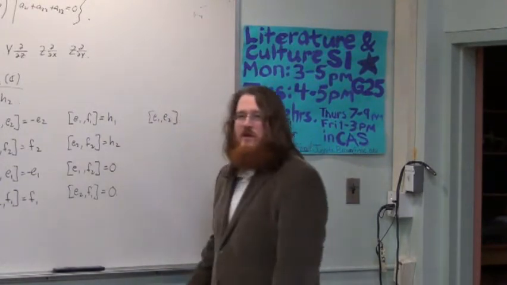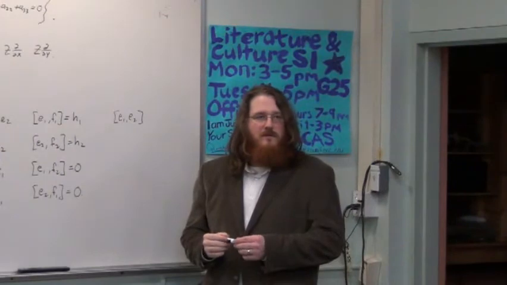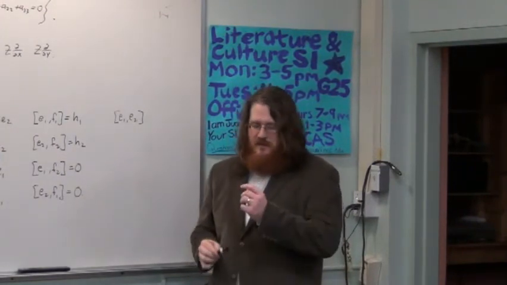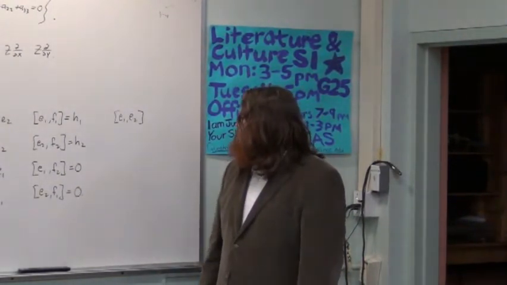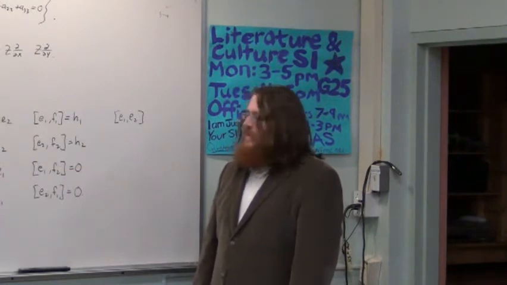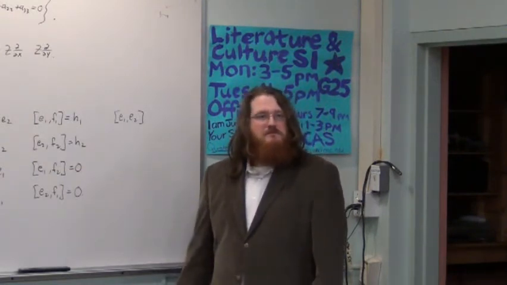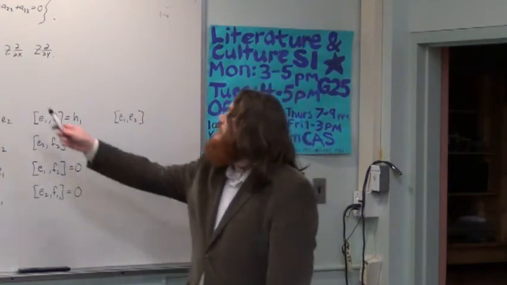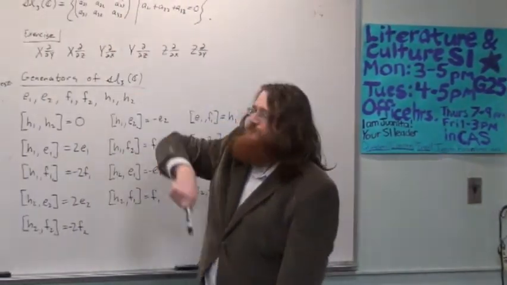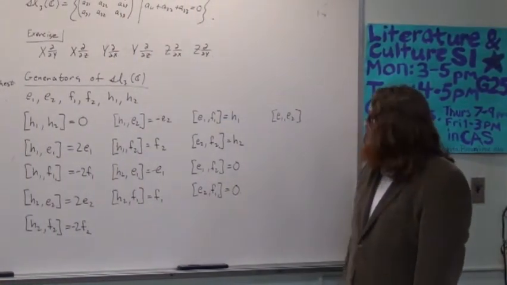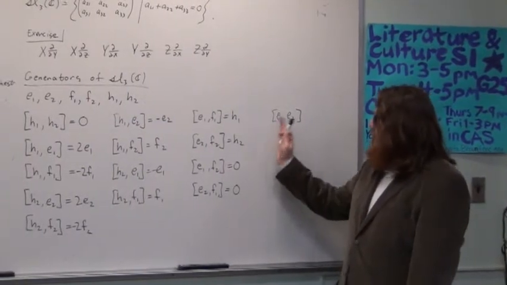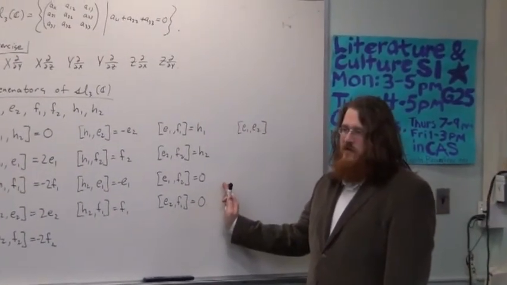They are just what they are. They're just the bracket. You can call that E3 if you want, and it corresponds to the upper right. You can compute everything just from the equations that I've already given.